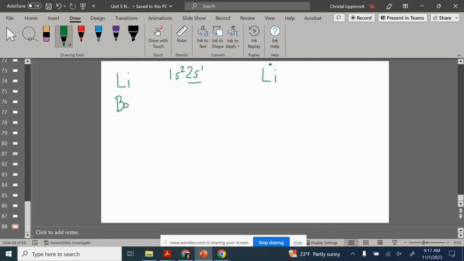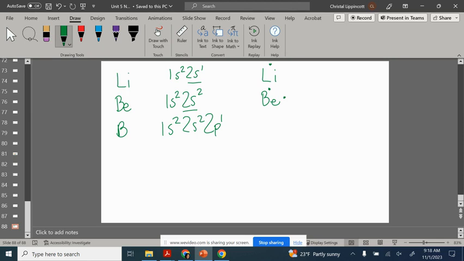Beryllium is 1s2, 2s2. What is its highest N value? 2. It's going to have 2 dots. Then we move over to boron. Boron is 1s2, 2s2, 2p1.